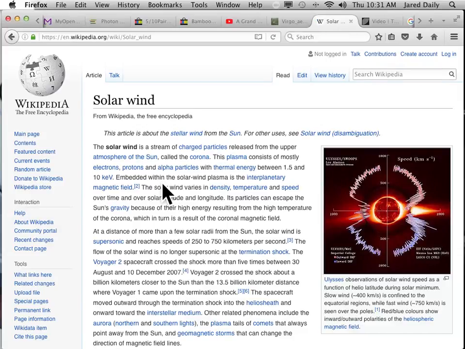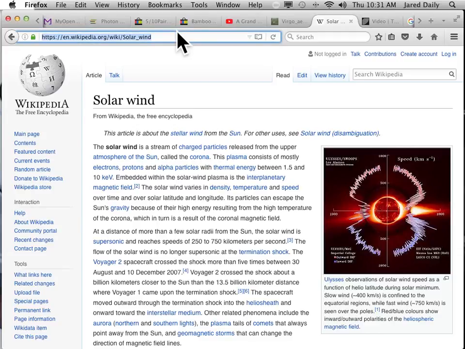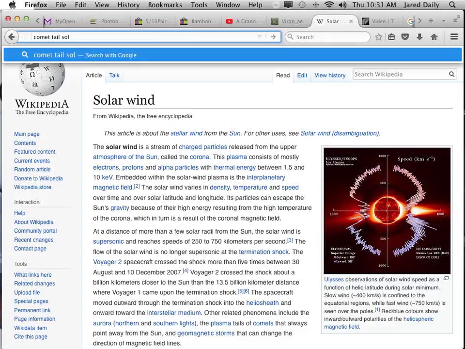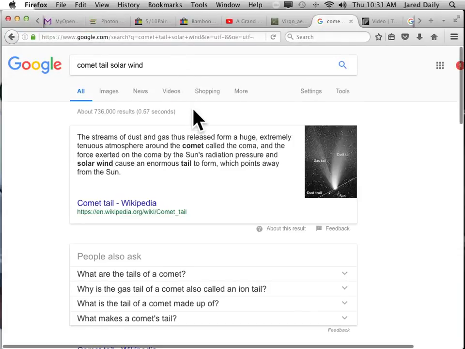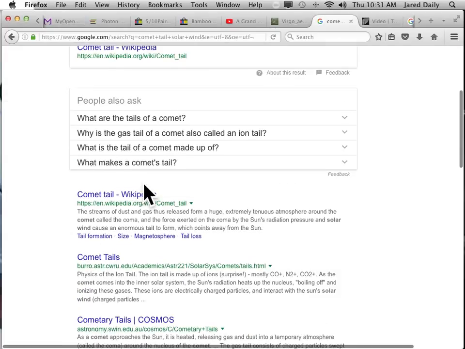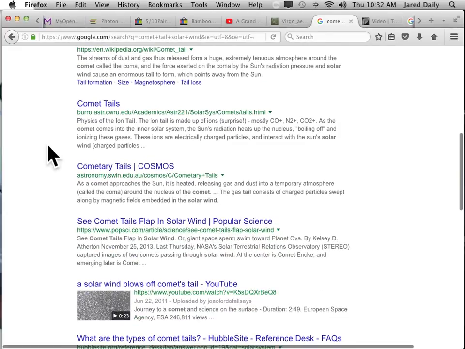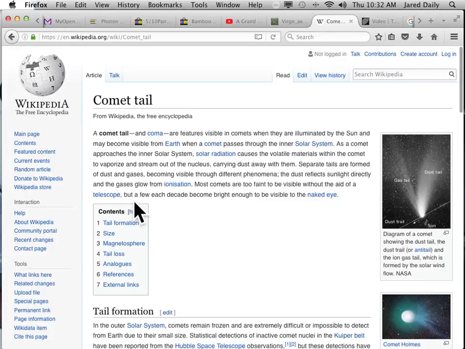Solar wind, comet tail, solar. It was... my goodness, it doesn't show anybody who did this.